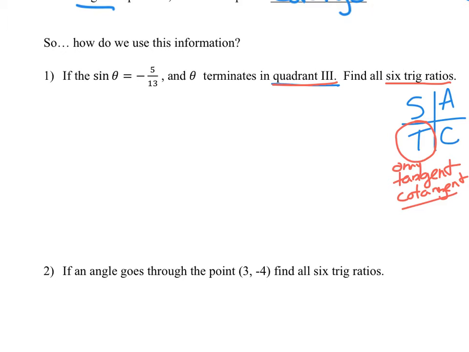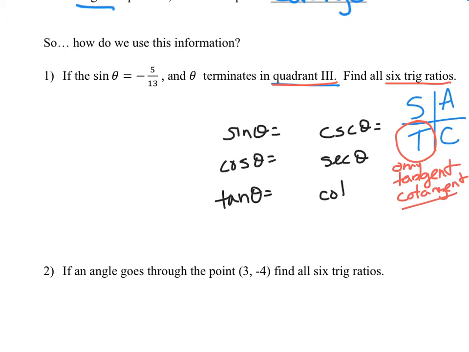So I have to find sine, cosine, tangent of theta. Then I like to do it this way. Since sine is here, I do cosecant, secant, and cotangent. I like to put the reciprocals right next to each other so that I just flip them and it's easier.